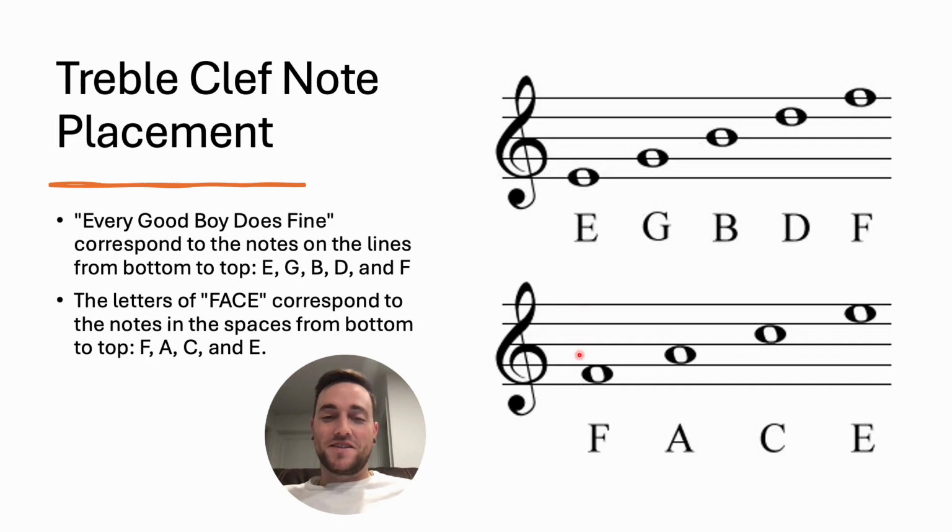Now below here, you have what we call FACE. This one is very easy to remember. F-A-C-E. There are 4 of them, located in between the lines. And as I stated a second ago, as the notes progress up, they're trending upwards, they are getting higher.